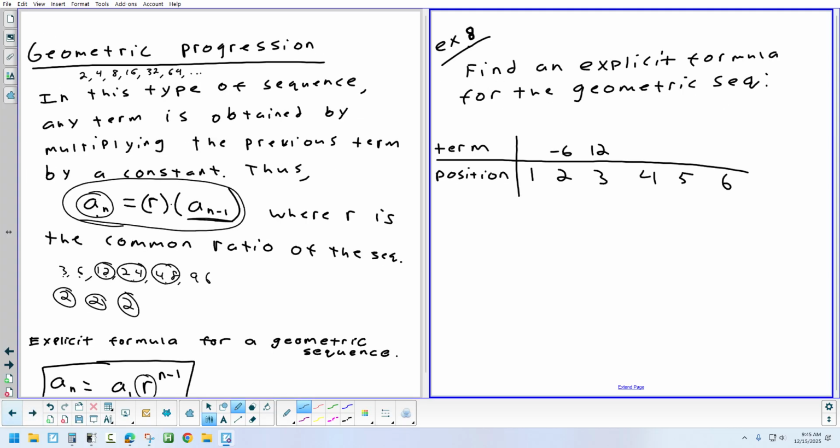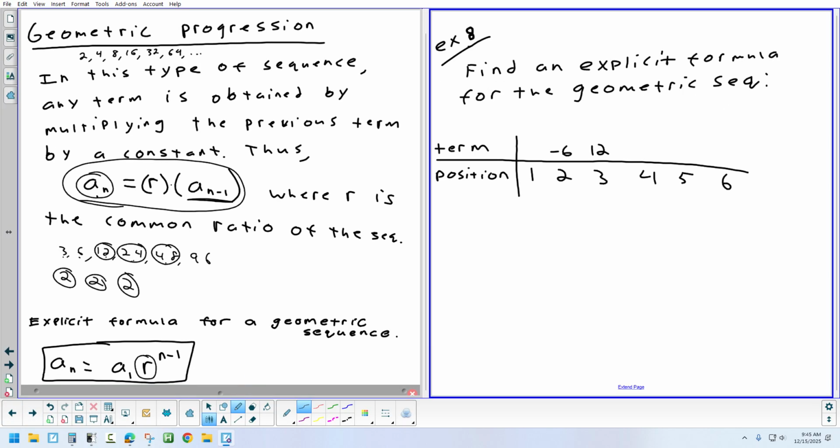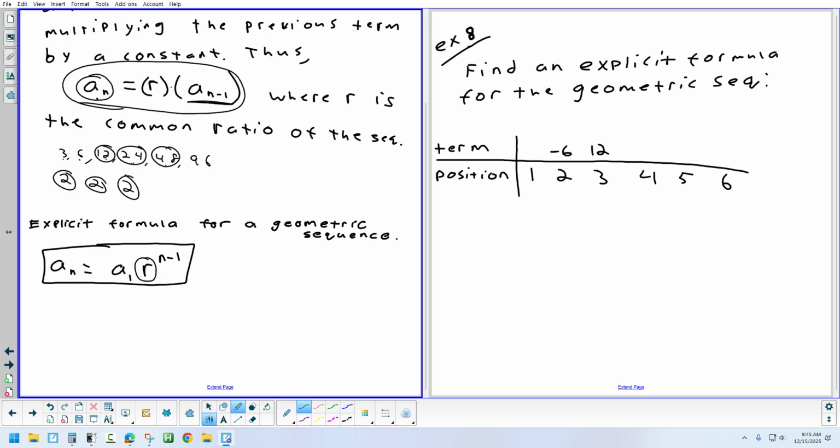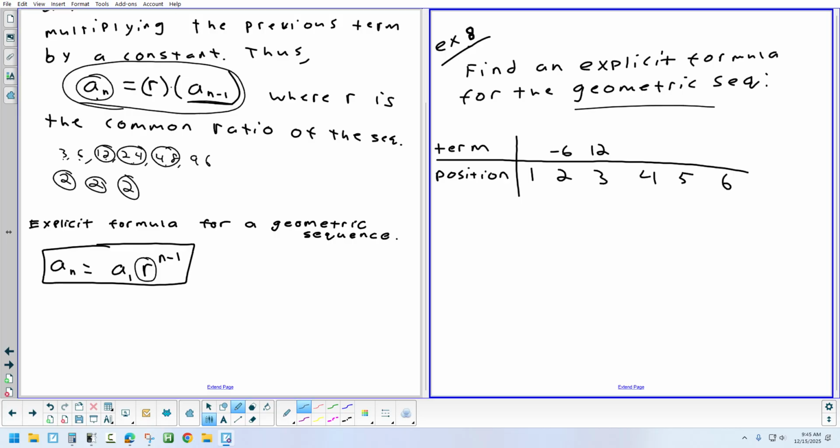All right, so let's try an example of a geometric sequence, and then that'll be it. It says find an explicit formula for the geometric sequence. I do have to tell you that it's geometric in this case. If I didn't, you wouldn't have enough information, because to get from -6 to 12, maybe I'm multiplying by something, or maybe I'm adding something.